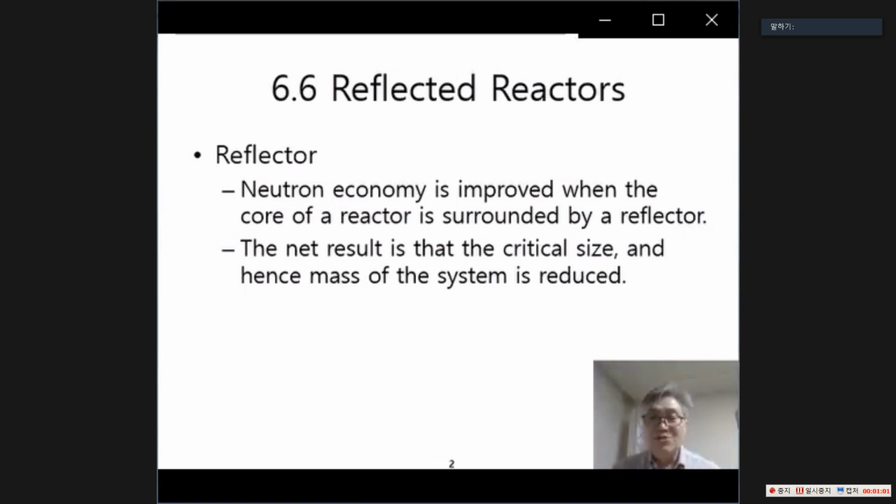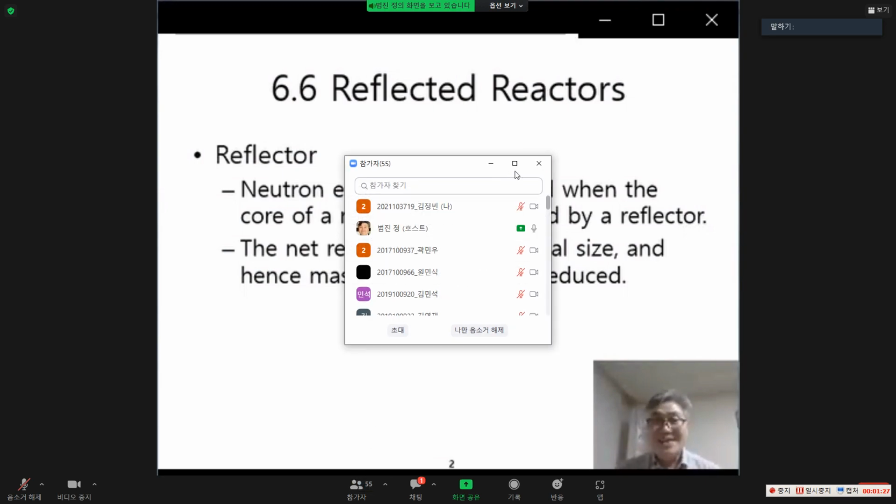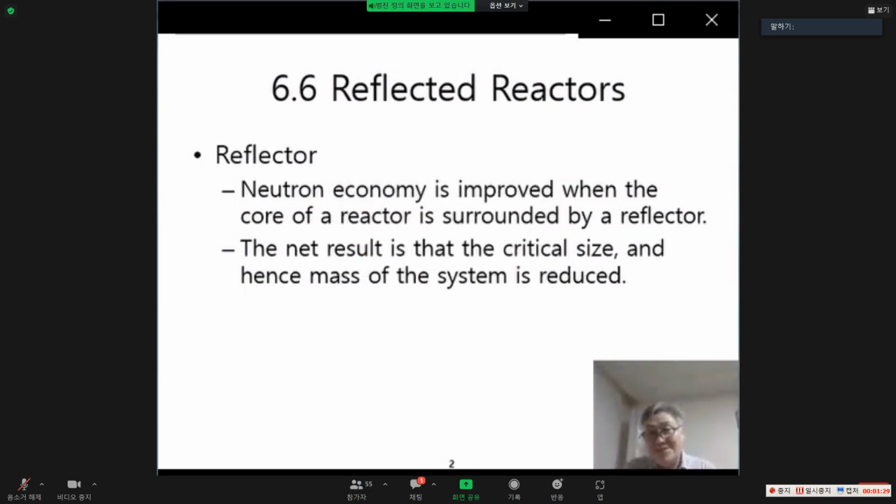So when the neutron passes through the water jacket, it undergoes a lot of scattering interaction with water, or hydrogen or oxygen inside of the water. During the scattering process, some neutrons scatter back. So it is not a mirror, but we call it reflector.